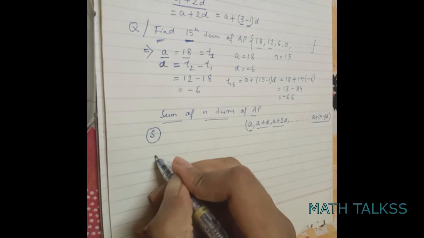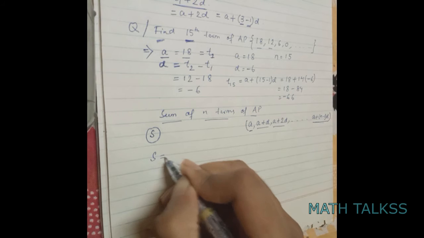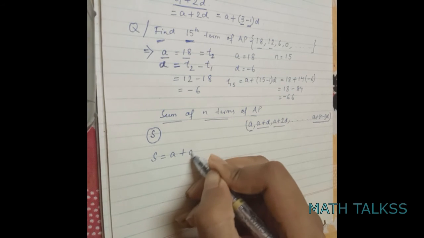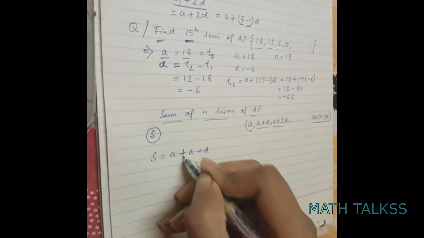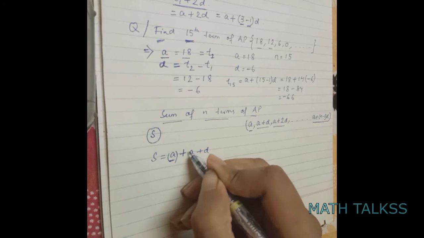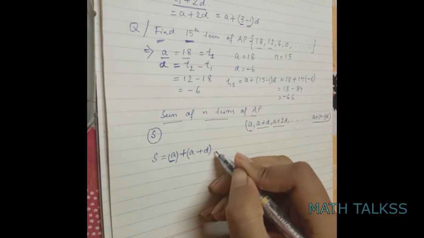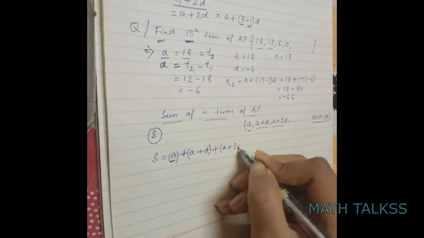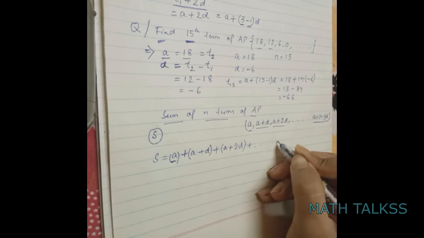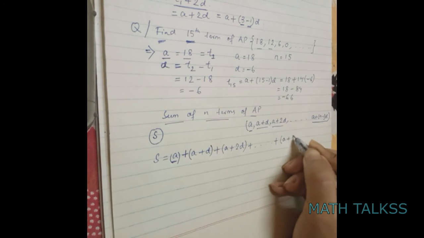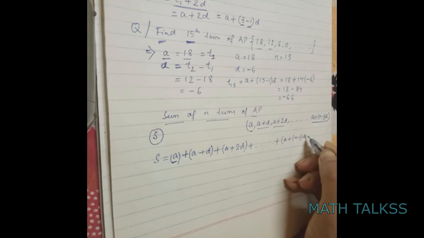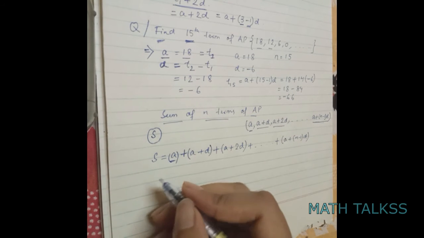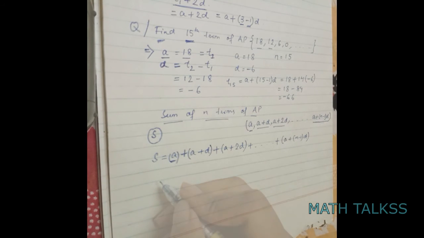So we can write S is equal to a plus (a plus d) plus (a plus 2d), and so on up to a plus n minus 1 d, which is the last term, meaning the nth term.